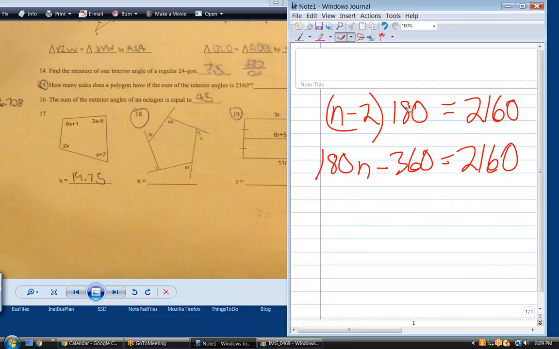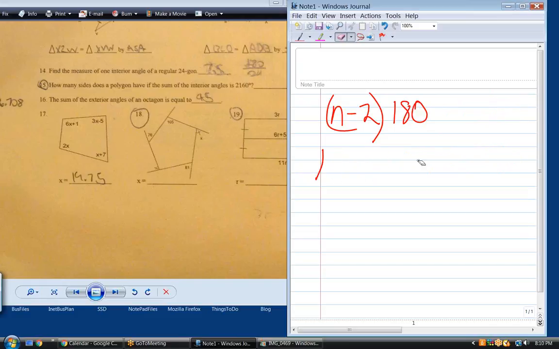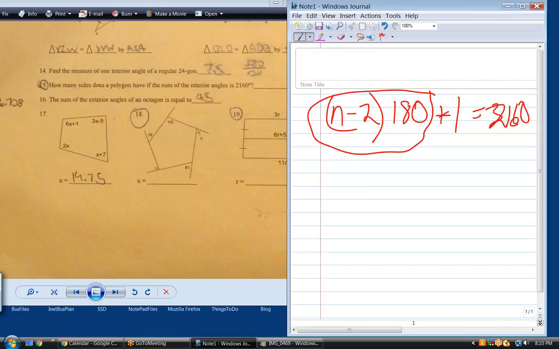Well, in other words, dividing by the coefficient works all the time. It wouldn't work if I had something else being added. If I add 1 to that, now I can't divide by the coefficient. I would have to first subtract 1 and then divide by 180.